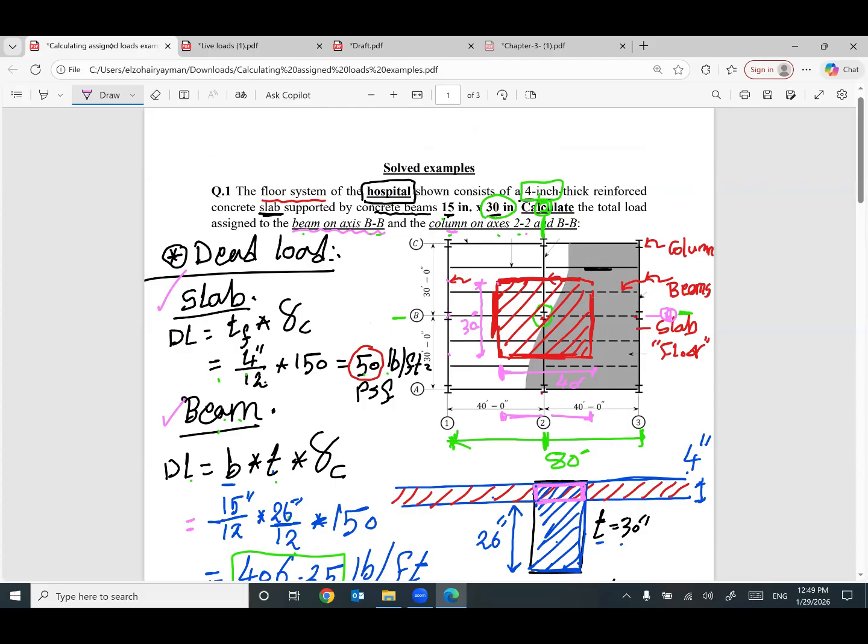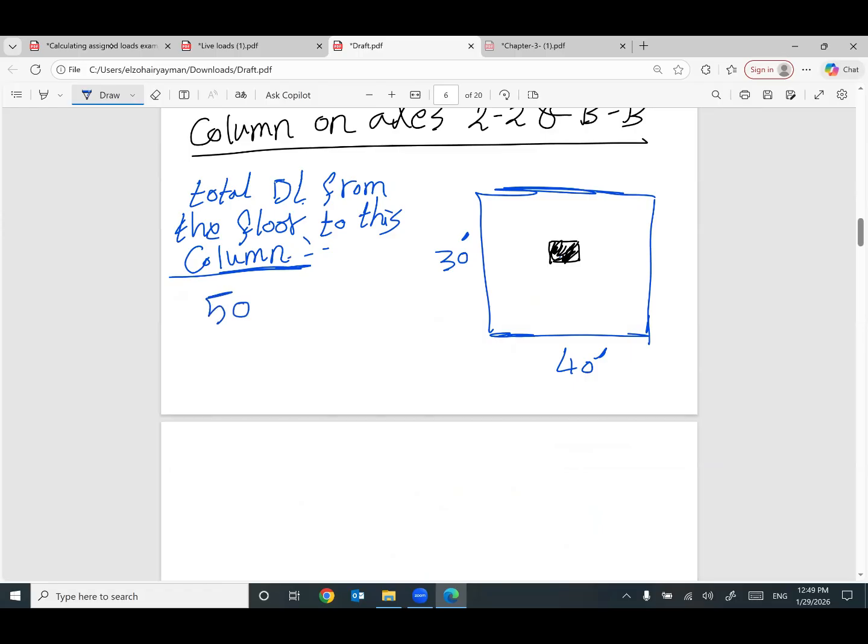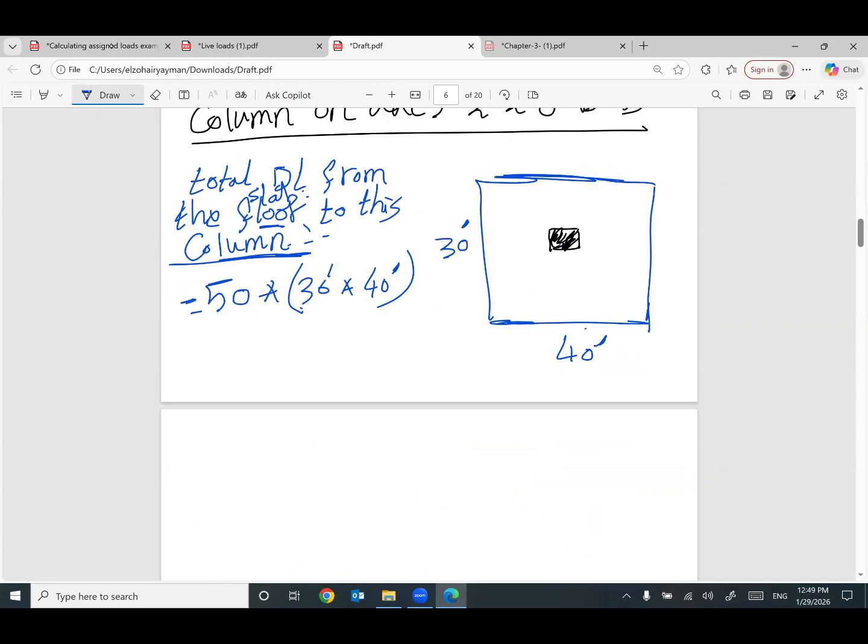The total dead load will be the 50 pounds per square foot multiplied by the area assigned to this column, 30 feet by 40 feet. I'm talking about the total dead load coming from the floor, from the slab only, because for the beam we need structural analysis, so we will not count it at this moment. So the total load coming from 50 times 30 times 40 will be 60,000 pounds.